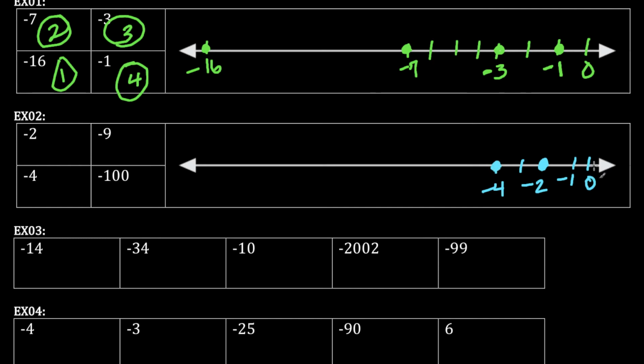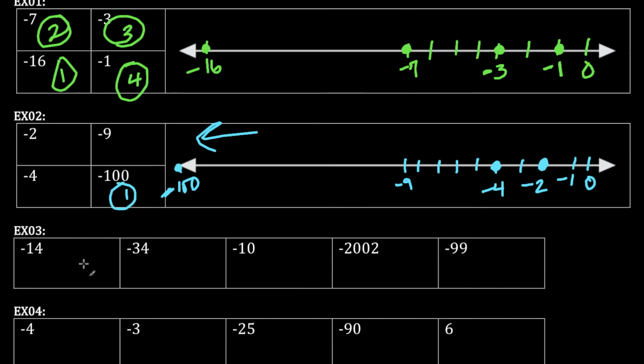Remember, the negative value increases this way, but it's a lesser value. -9 is here. -100 is technically way over that way somewhere, but let's put it over here somewhere. So -100 is the furthest to the left, which means it has the least value.